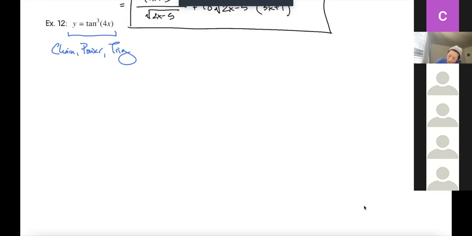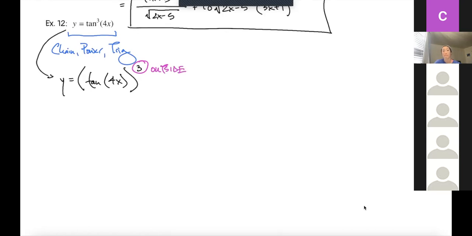Okay. So if we're needing chain rule, what is the outside function here? X cubed. Okay. I wonder if we took the time to write this as y equals tangent of 4x, all cubed, that might make it easier to visualize that our outside function is x cubed.